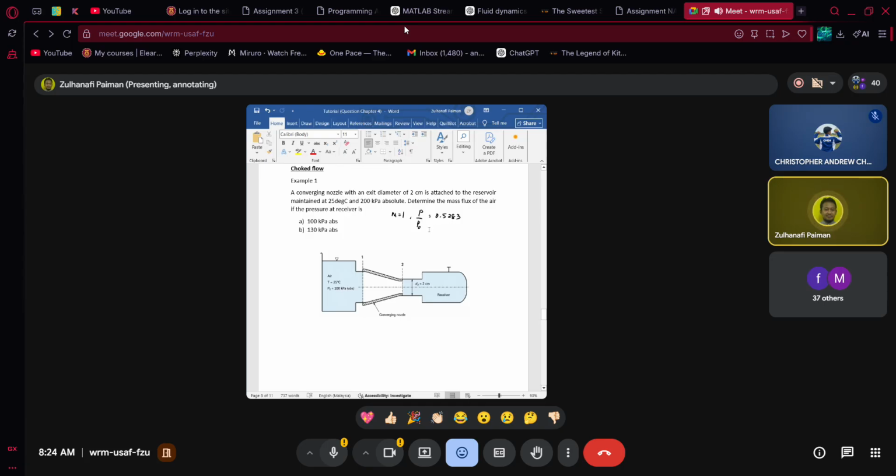Now we know that the pressure at the reservoir is 200 kPa. To check whether the flow is choked or not, the pressure at the receiver will simply be 0.5283 multiplied by P naught, where P naught is 200 kPa.